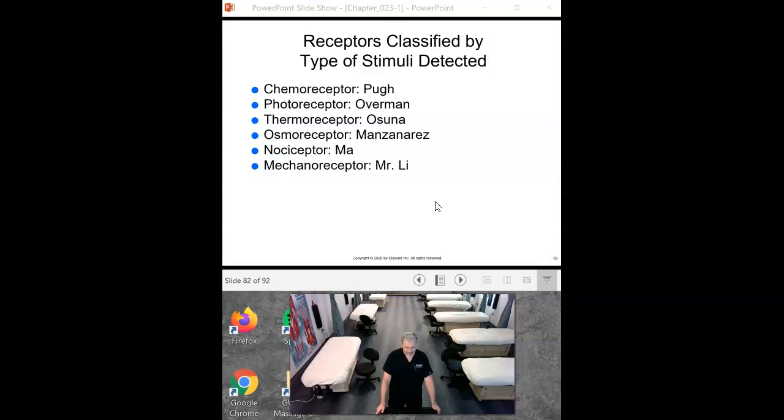They are classified according to their responses to mechanical, thermal, and chemical stimuli. And so here is the function for the nociceptors.